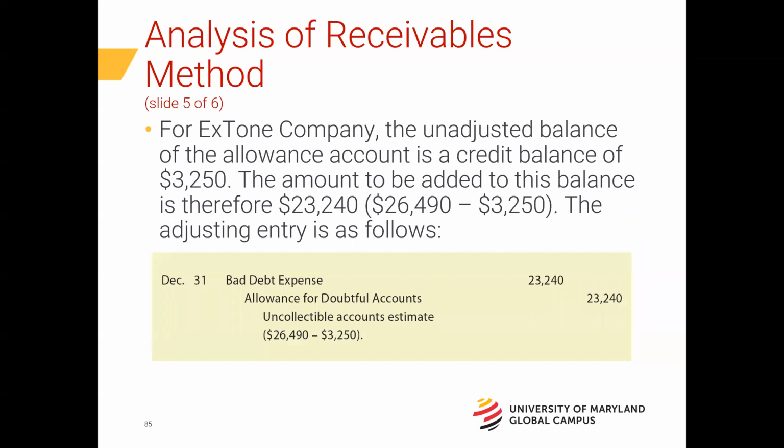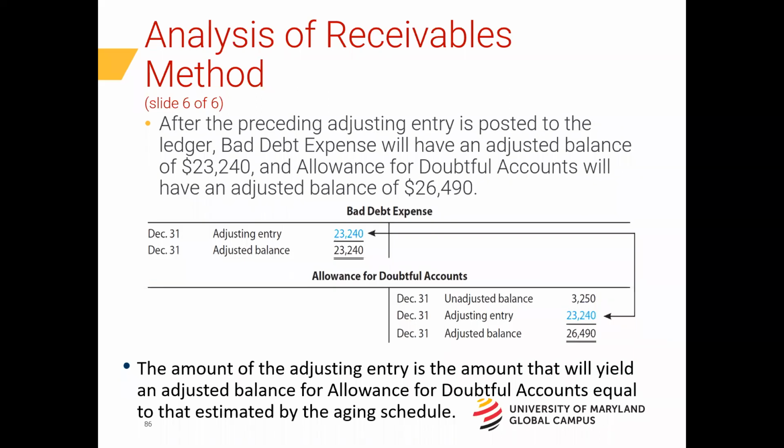And just as we did before, once you've figured out how much you're not going to be able to collect based off of that method, you make an adjusting journal entry. You debit bad debt expense and credit allowance for doubtful accounts. And that's the journal entry that you would make.